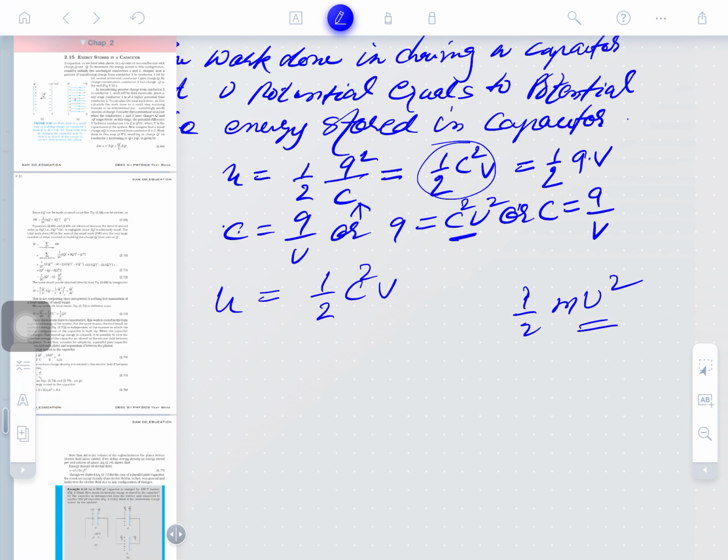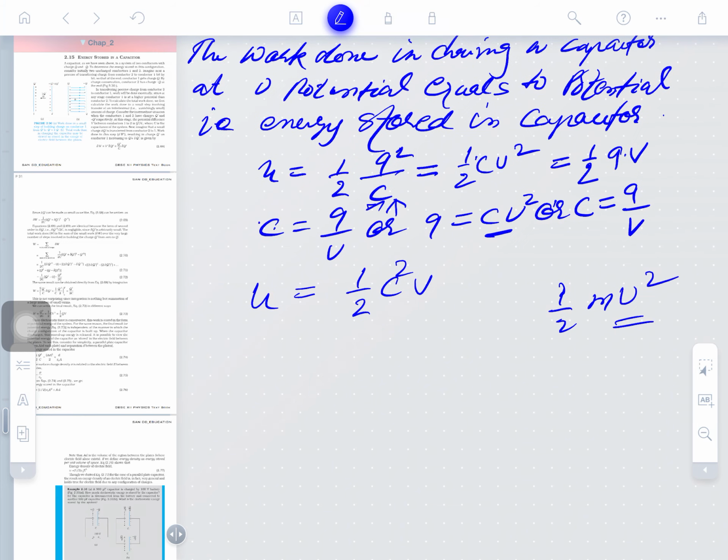So C square V square, and once C cancels here, this is half C V square, clear. So you may just say half C V square, like half m v square.